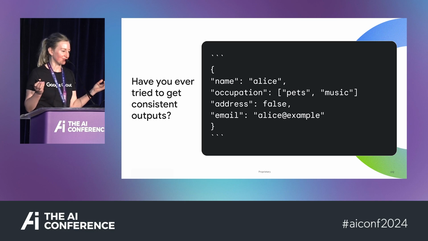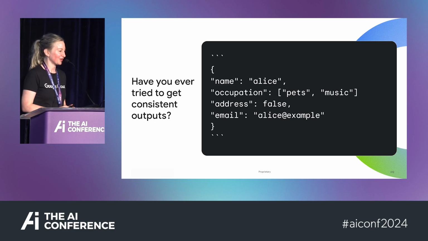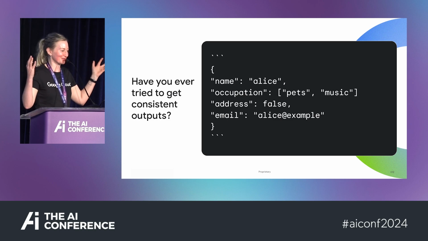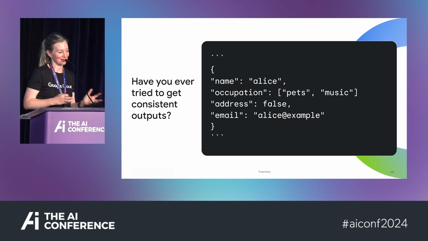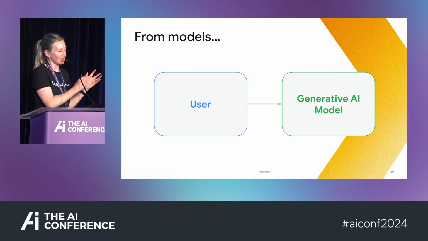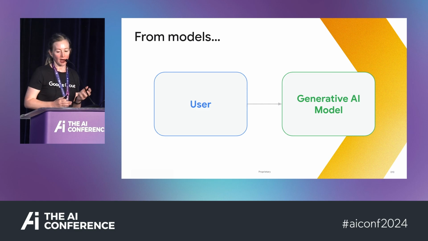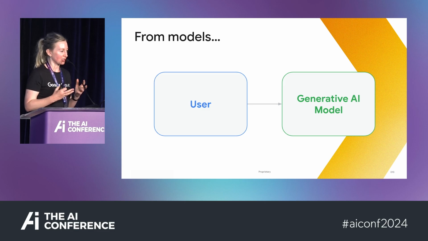And then another one very familiar to many developers is consistent output. You want a JSON blob, you want some XML, you tell the LLM, which has trillions and trillions of tokens of information, please give me this in this format, and it can't quite do it. Very frustrating. So this was where we were at, call it early 2023, when we first all started hearing about LLMs.